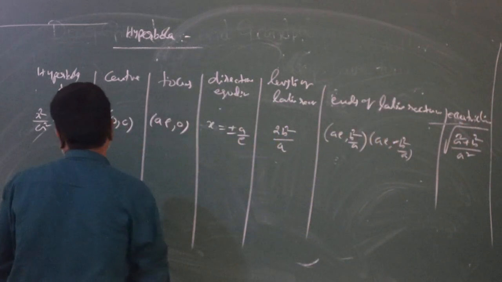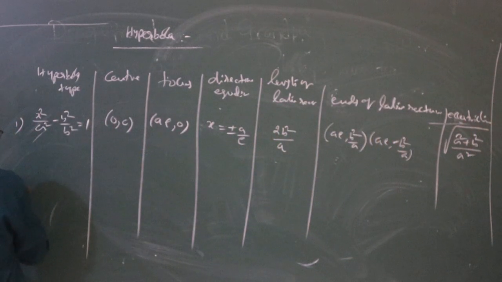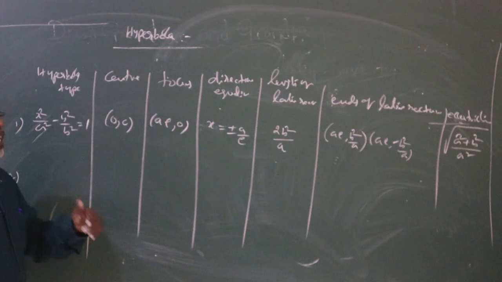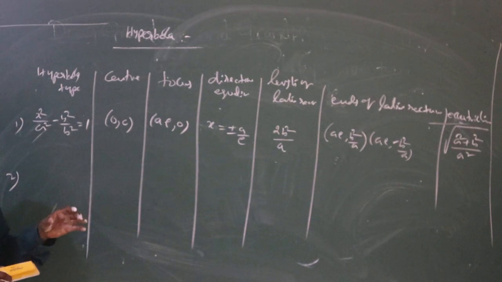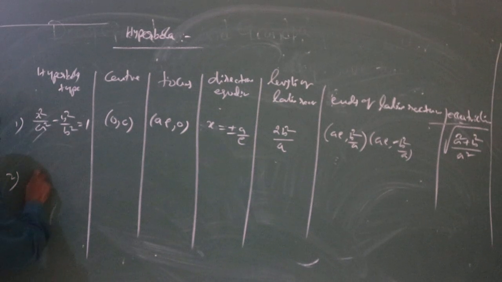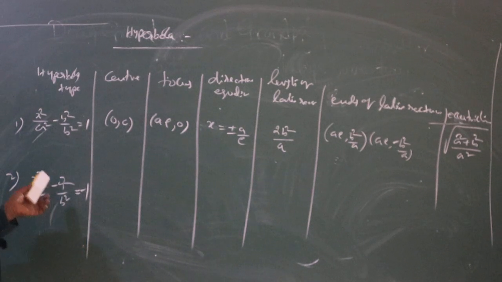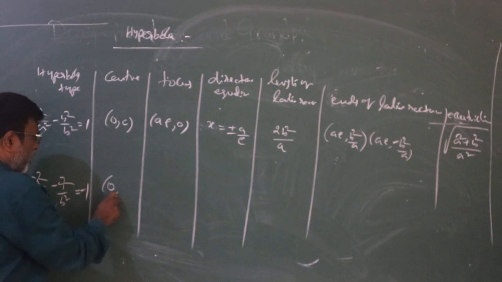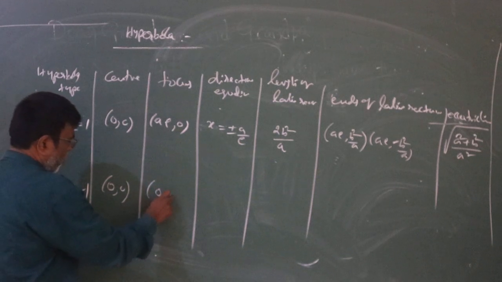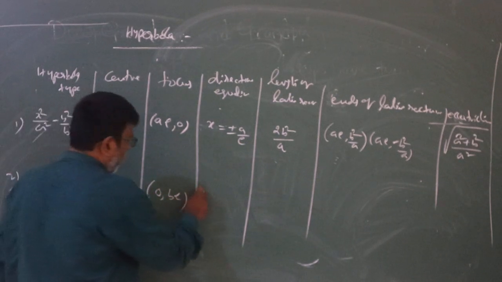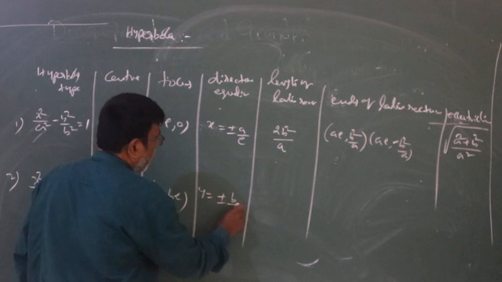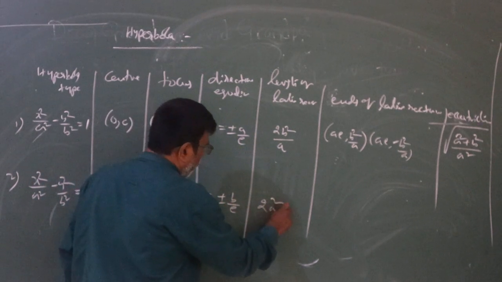Now we are discussing another hyperbola. Generally in an ellipse, either a is greater than b or b is greater than a. Here it is only x square by a square minus y square by b square equals minus 1. This is called the conjugate hyperbola. For this one, the center is the same. The focus is 0 comma b, the directrix is y equals plus or minus b by e, and the latus rectum is 2a square by b.